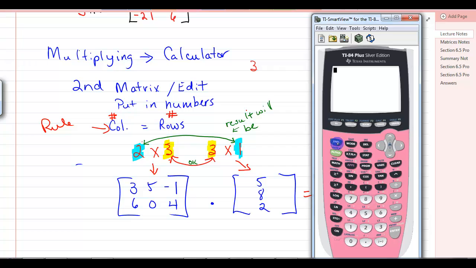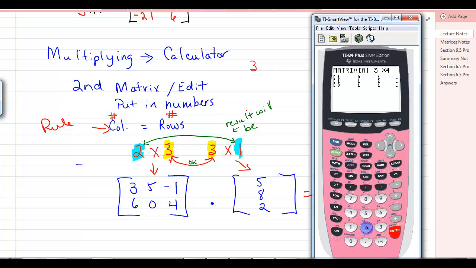We're going to go to second, and matrix is above the X inverse key. So right here, and I'll say second matrix. You have 3 menu items, names, math, edit. We'll go over to edit and hit enter. All right, now this size 3 by 4 is already there, and you can just type over it.